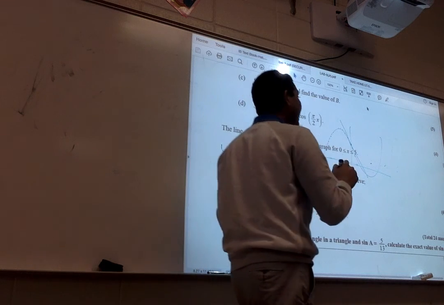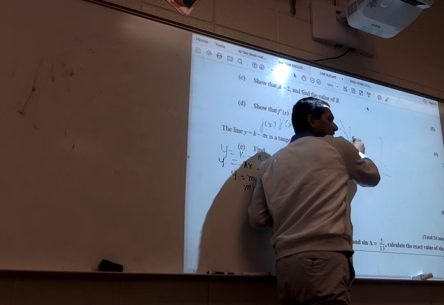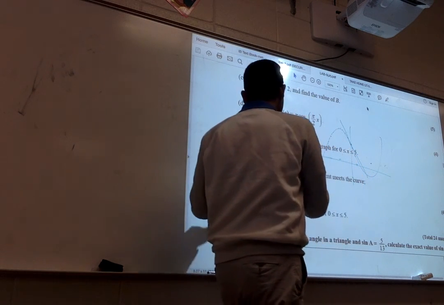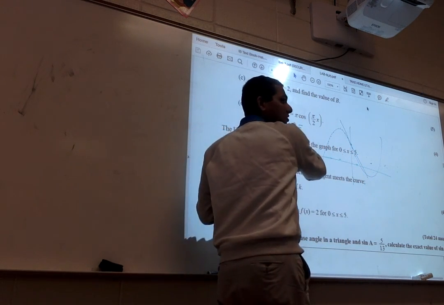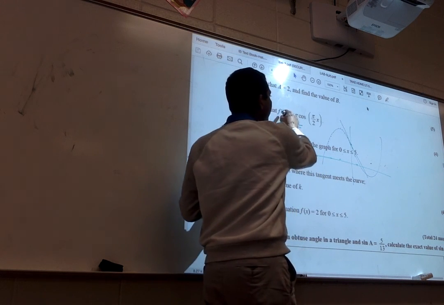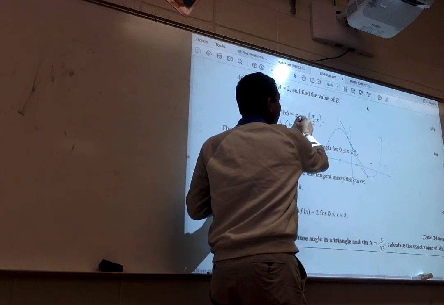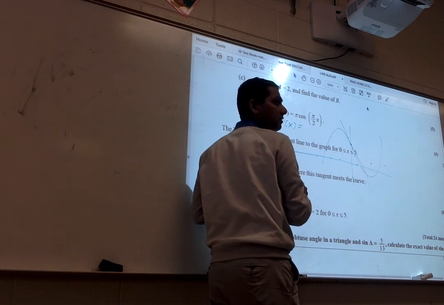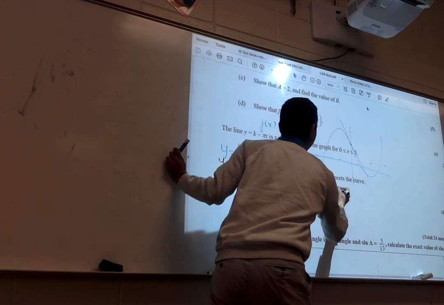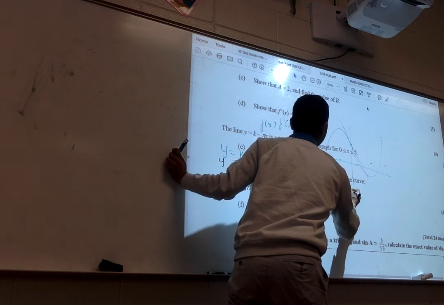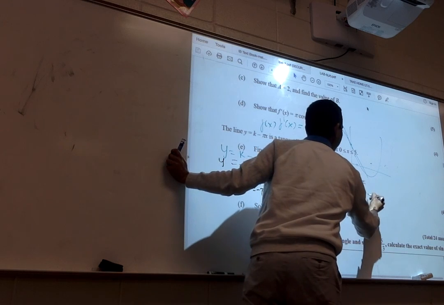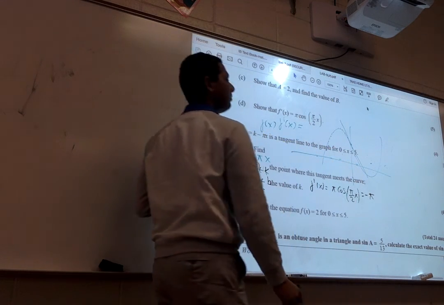So in order to find the point on the curve, can I make the slope of this line equal to the slope function of this curve? What is the slope function of this curve? Pi cosine pi over 2x, right? So f dash x is equal to pi cosine pi over 2x, and that should be equal to negative pi.